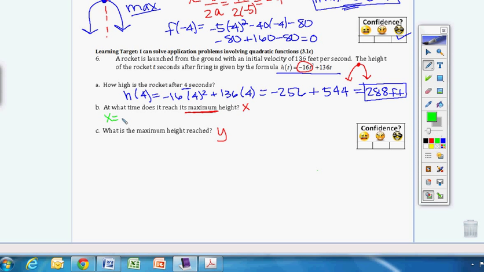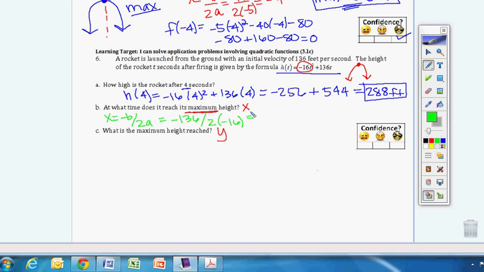So x equals the opposite of b over 2a. The opposite of b is -136, over 2 times -16. Again, I'm going to do this on my calculator, which, yes, I know you cannot see. That's okay.